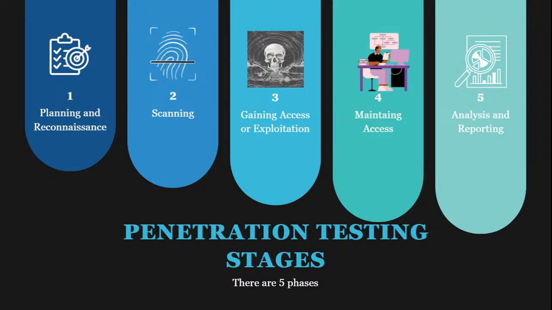Now the very first phase is about how you are going to perform a penetration testing. You have to design a proper plan for how you are going to gather information, who the target is, whether it's an individual or a network organization, and what you are trying to test.